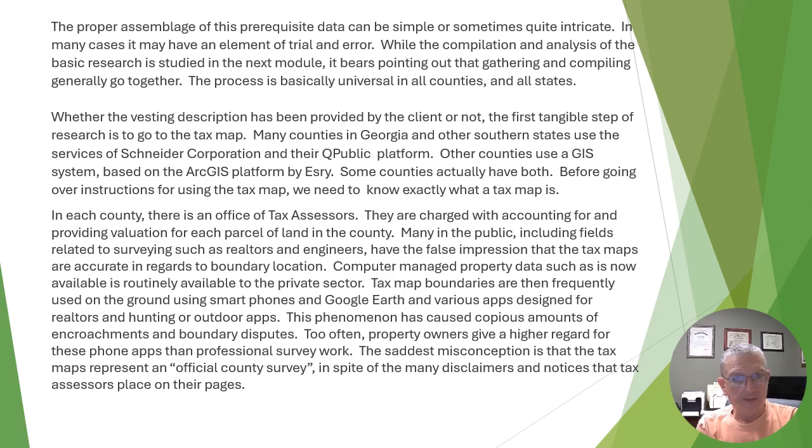We'll study that more. Computer managed property data such as is now available is routinely available to the private sector. The tax map boundaries in a GIS format get dumped into a clearinghouse. People can grab them, put them into phone apps, Google Earth, LandGlide, hunting apps, four-wheeling apps, hiking apps, and they can see the property lines.